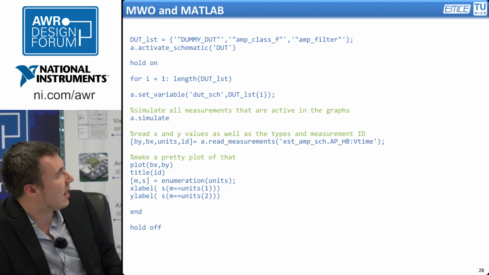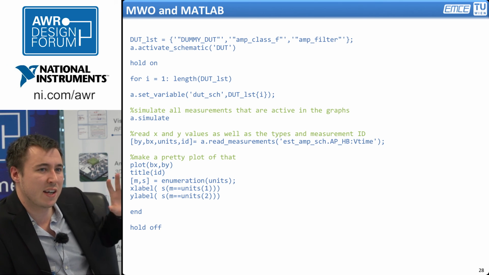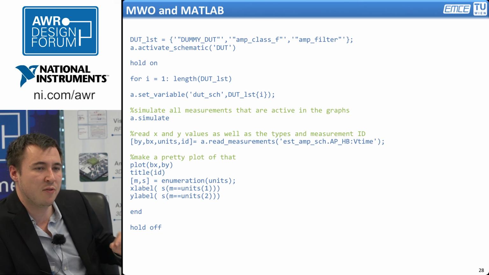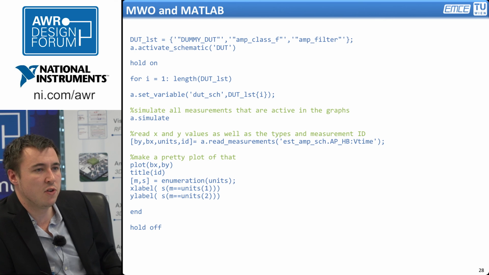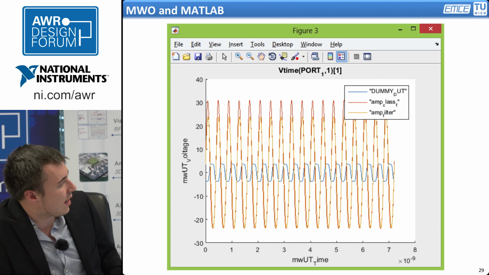Then activating this DUT schematic, and here you can see why this hierarchical structure is kind of important, so that you only have a single variable you have to change in order to conduct multiple simulations. And then you're plugging in the name of the DUT you want to use for the simulation, run the simulation, extract the measurement, plot them, and start all over again till you run out of new candidates for the device under test.